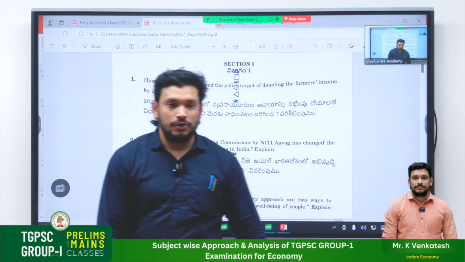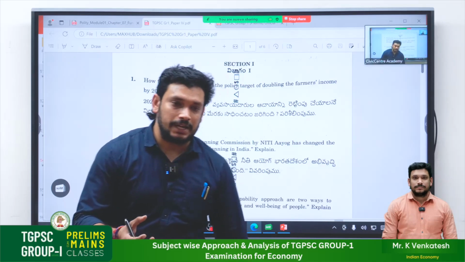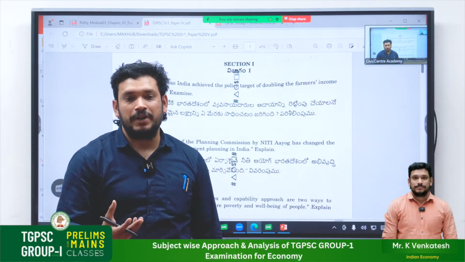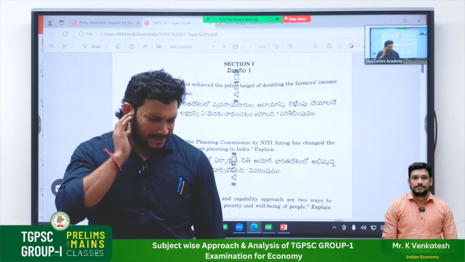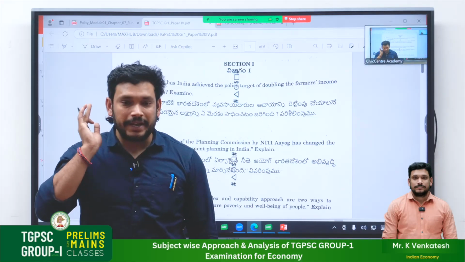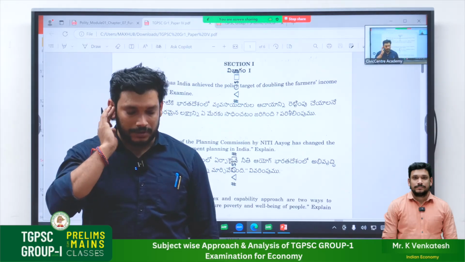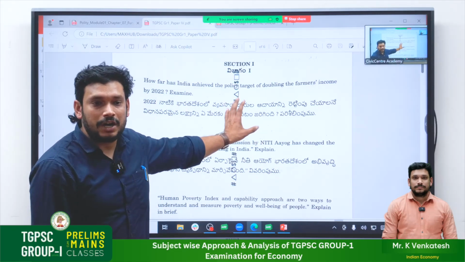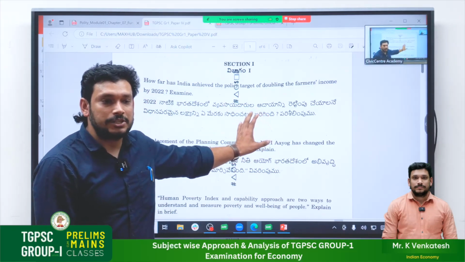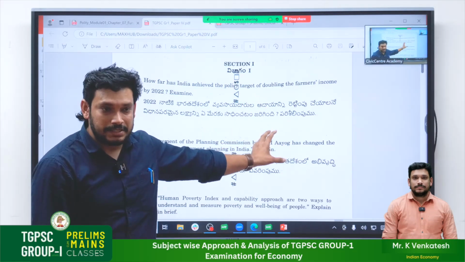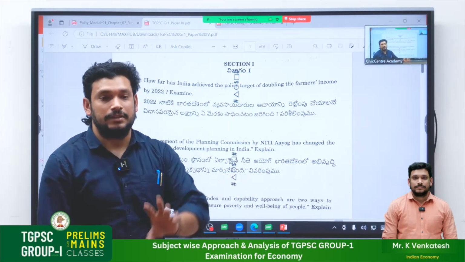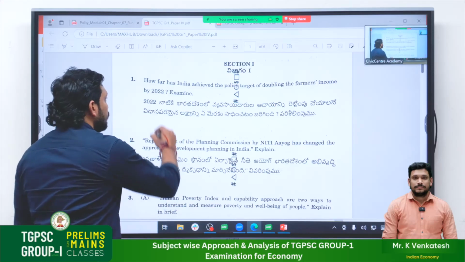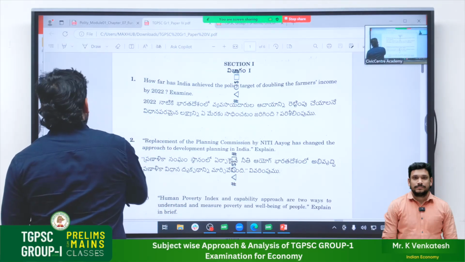You know the committee which was formed for doubling the farmers' income? You might have read it, but you didn't know how to write this one, because they did not ask what the committee is. They have asked you to write what measures can be implemented to increase it. So this is an analytical question that you need to write.